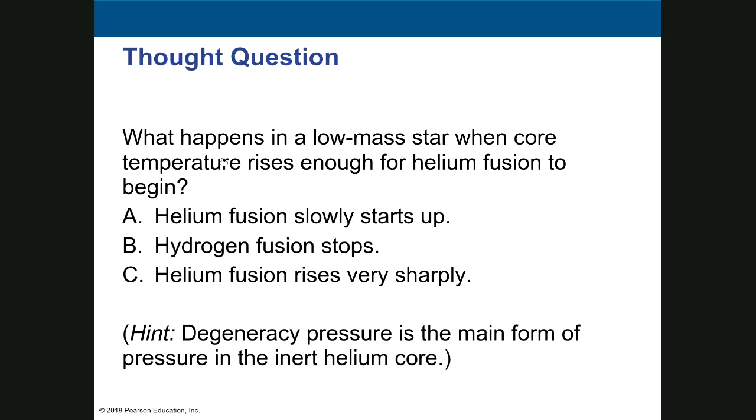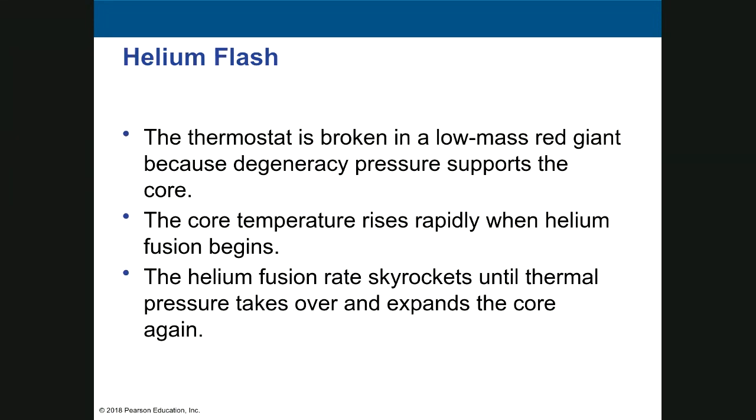And so in a low mass star, when the core temperature rises enough for helium fusion to begin, basically what happens is after you get that core up and you have the helium and it gets hot enough for helium to start fusing, right before that, the thermostat is broken in a low mass red giant because the degeneracy pressure is supporting the core.